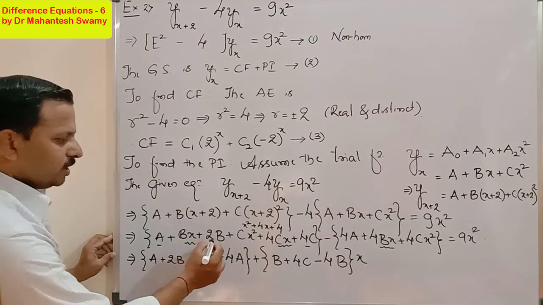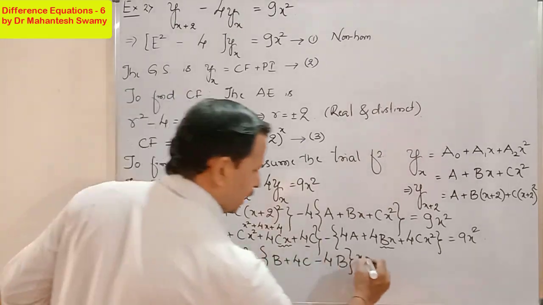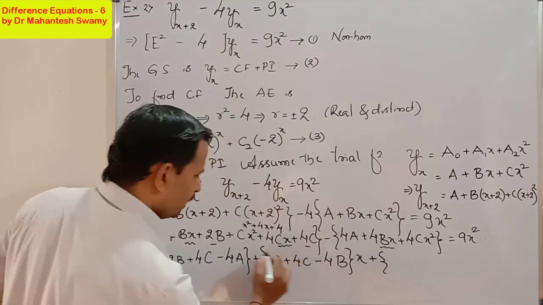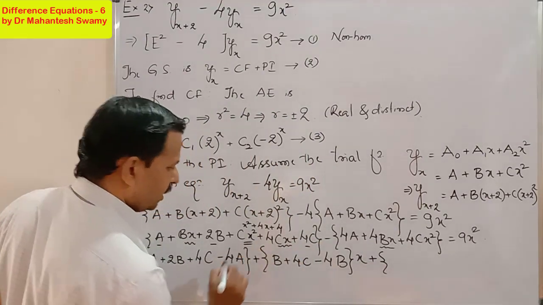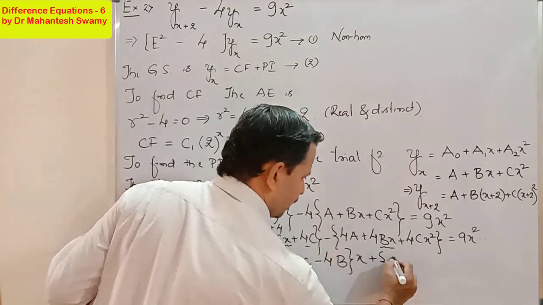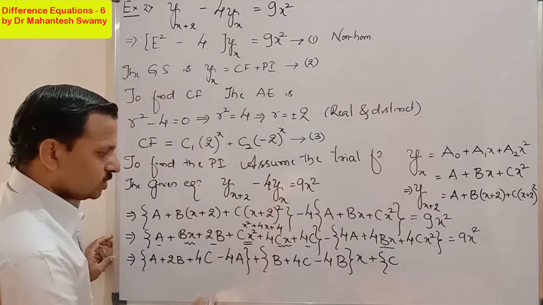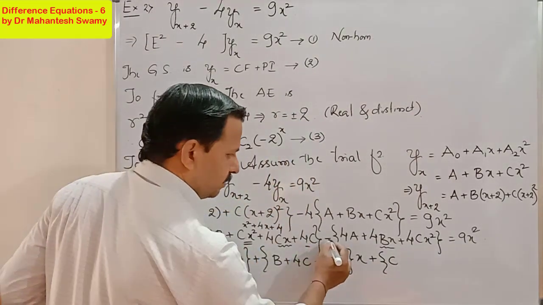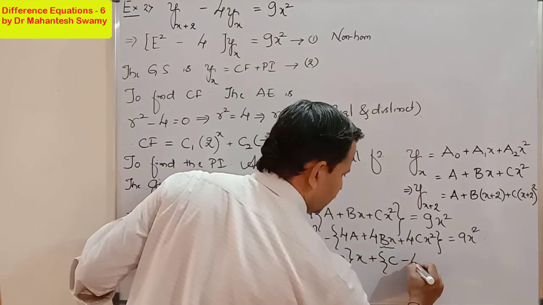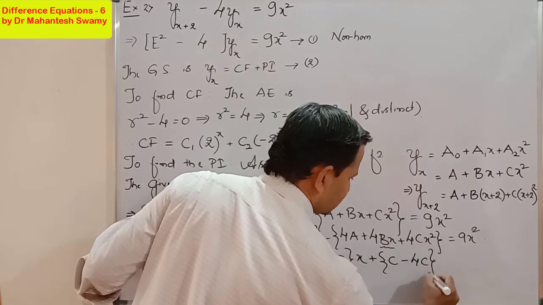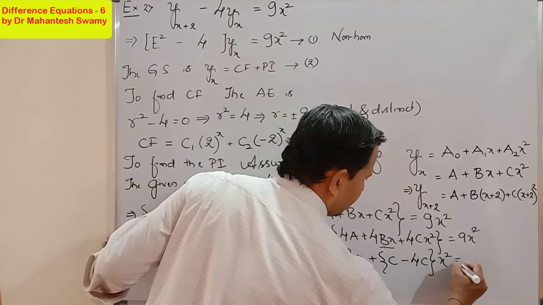Then the terms with x square I am writing at the end: c into x square, I will write x square outside, c, and minus 4c, x square outside, and on RHS.